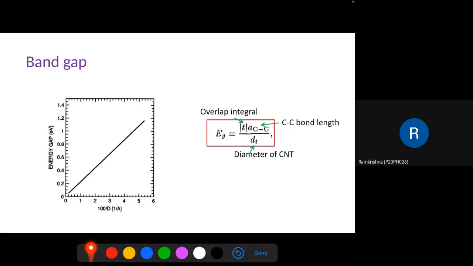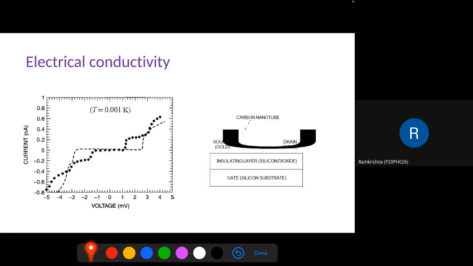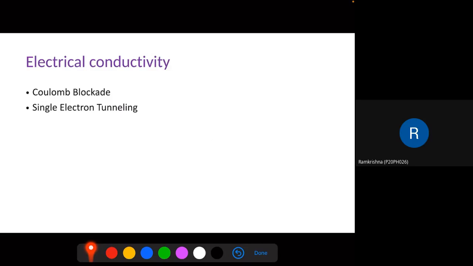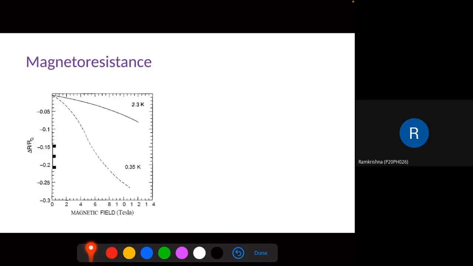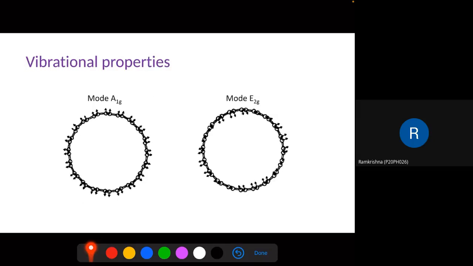So you can also have very interesting electrical properties. We are not discussing all the properties, but you can have very interesting electrical conductivity. You can even get magnetoresistance, so how the resistance changes in the presence of a magnetic field. You also have very interesting vibrational modes, and mechanical properties.